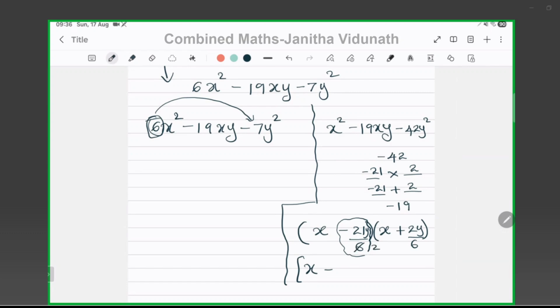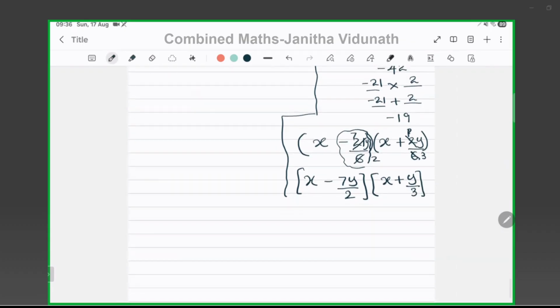Here we get 2, here we get 7. Then we have minus 7y over 2. Here both numerator and denominator are cancelled out by 2. We can get 1 from the numerator and 3 from the denominator. Then we get x plus y over 3.